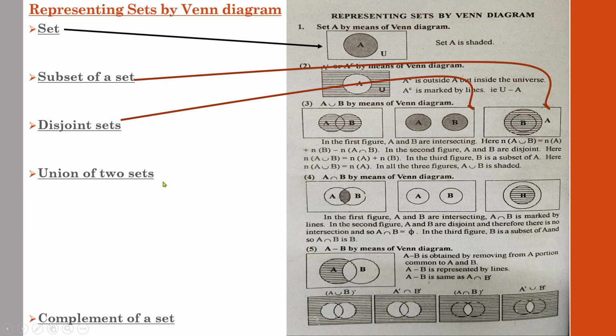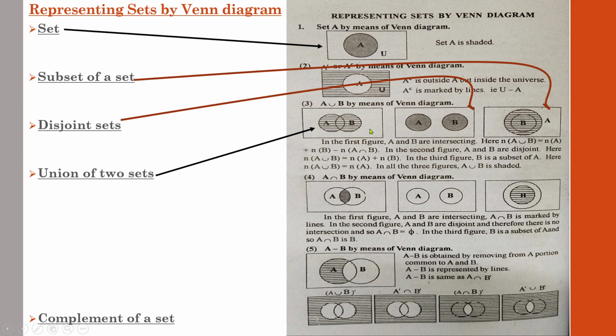Next one, union of two sets. Previously we learned the concept: union of two sets means all those elements of A and B combined together is known as union of set. See, this is an example of a union of set. If you look closely, you can see that set A and set B are connected and these two circles are joined together.